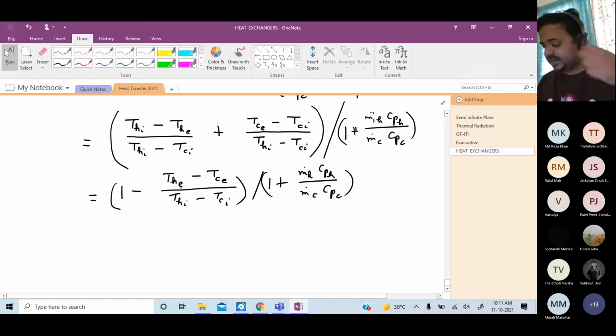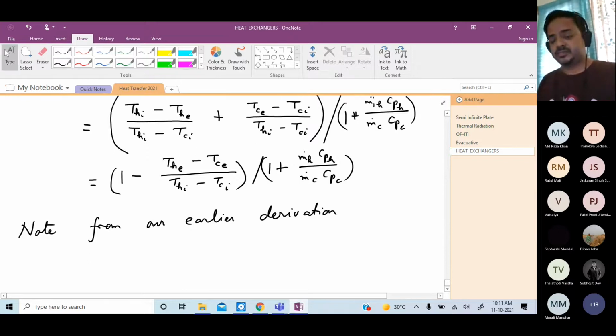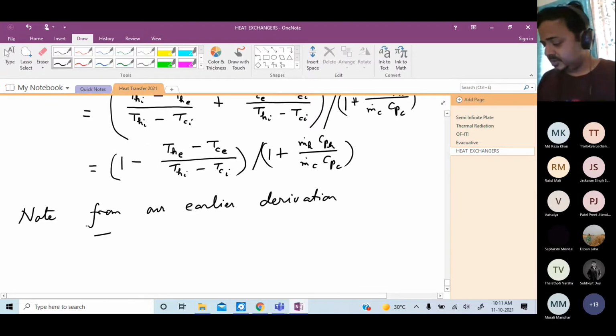So why did I come to this one? Now note, from our earlier derivation, I'll show you. You can also go back when we were trying to calculate LMTD for parallel flow, we had used this. See, THE minus TCE divided by, this is parallel flow, right?